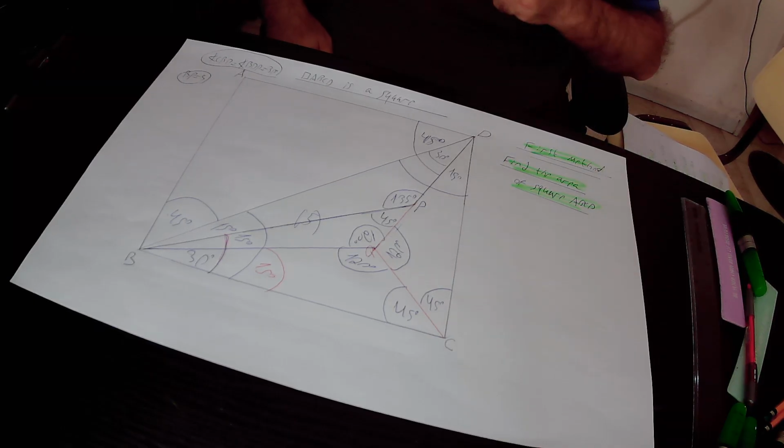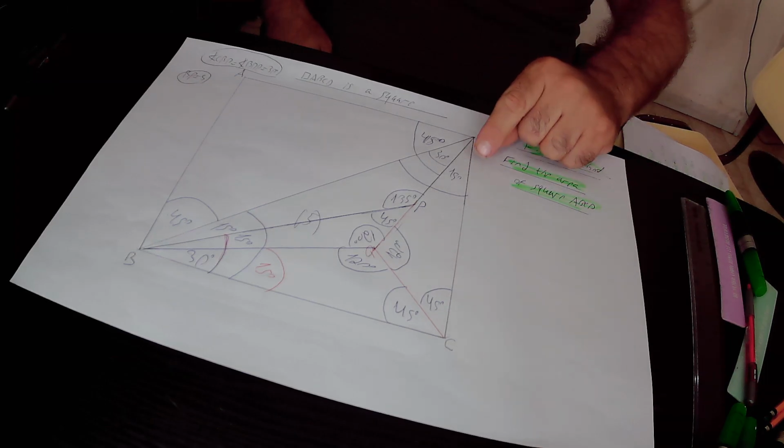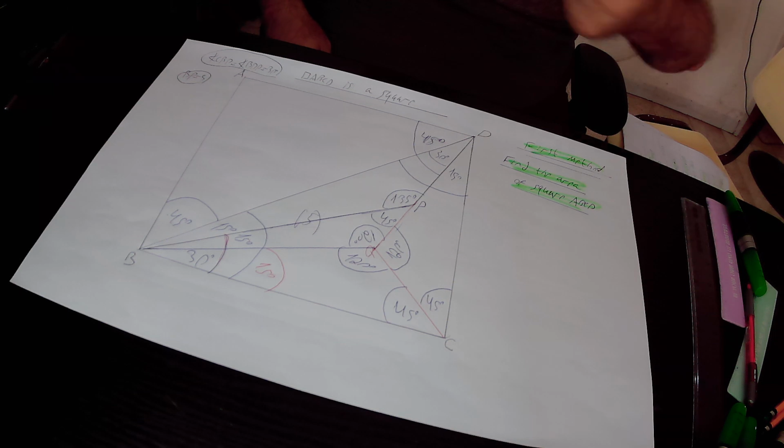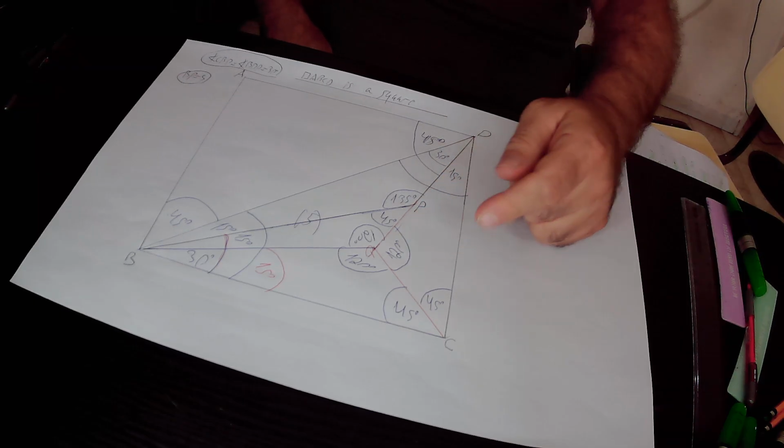So, in triangle DQC, this angle equals 15 degrees, this angle equals 45 degrees. 15 degrees plus 45 degrees is 60 degrees, and therefore this missing angle must be equal to 120 degrees in size, according to the rule that the sum of the angles in any triangle is equal to 180 degrees.